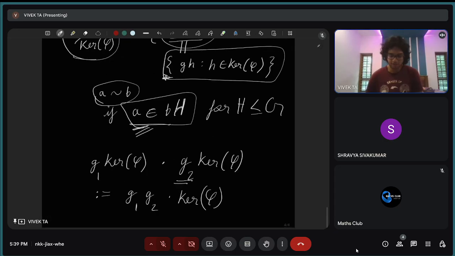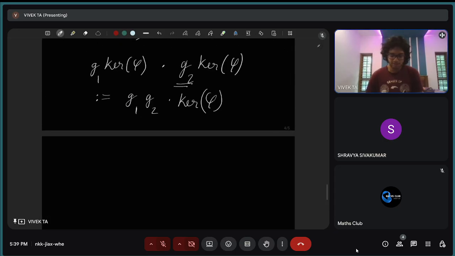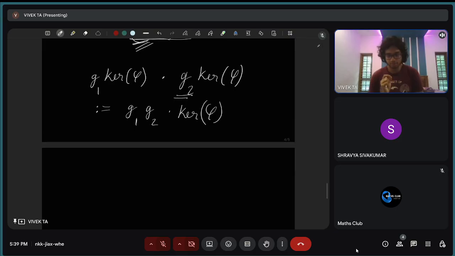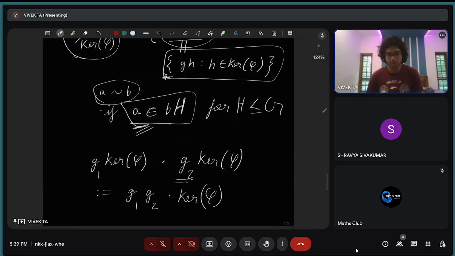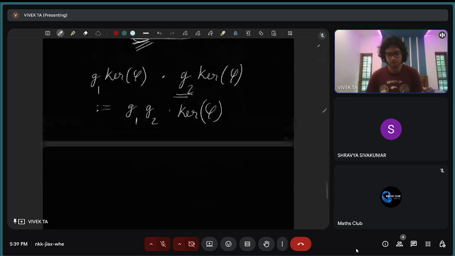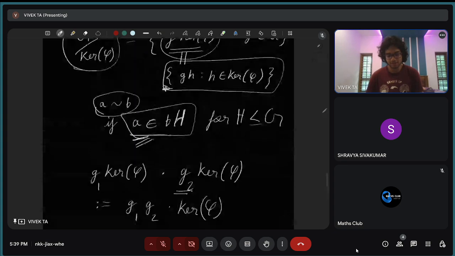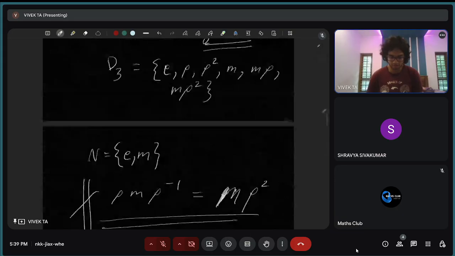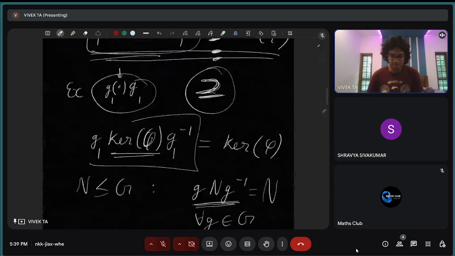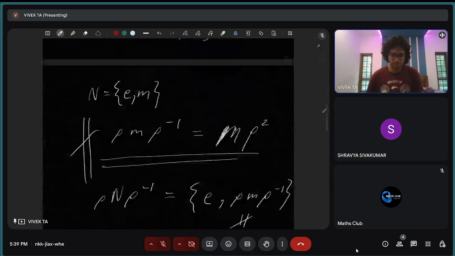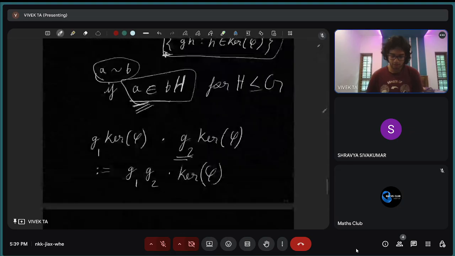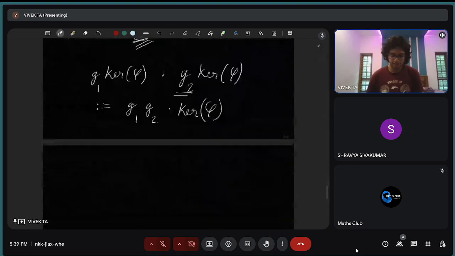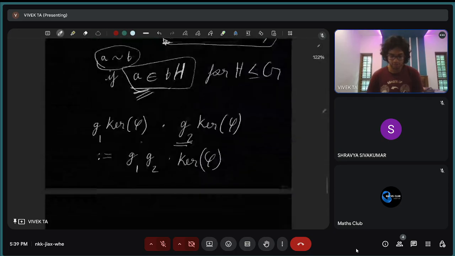So essentially, given this operation, of course I am skipping one point here as to how this operation will be well defined, but think of it as the reason why we define this normal subgroup part. The normal subgroup part is necessary for this because not all definitions are well defined, right?